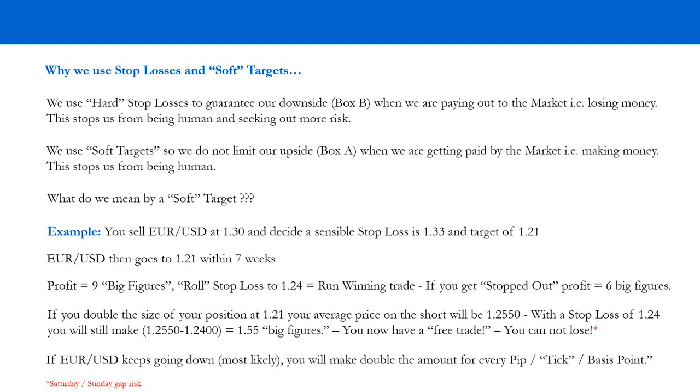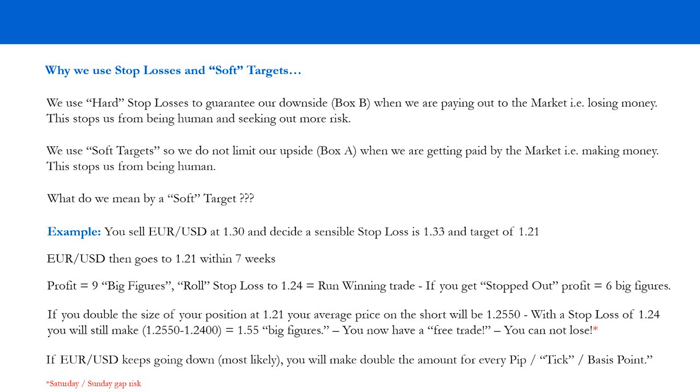You apply a soft target of 121. When it trades at 121, you sell another 100,000. So another one lot. And you double the size of your position. So you do that, your average price on 200,000 short is going to be 1 spot 2550.